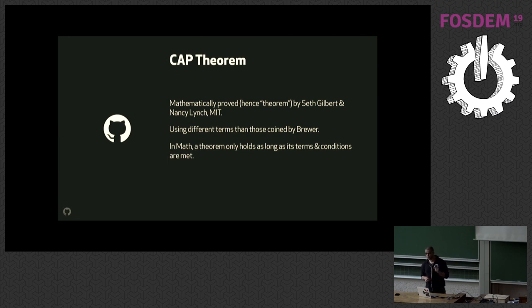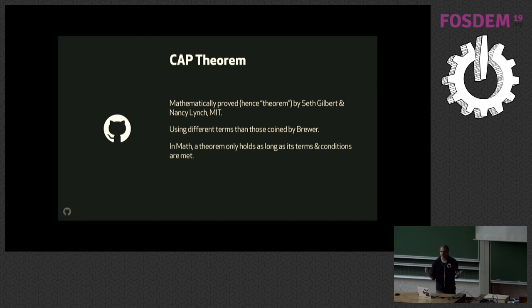Their paper was called after the CAP conjecture by Eric Brewer. The name Eric Brewer appears on the title. But misunderstood by many, they did not prove Brewer's conjecture. They proved a different conjecture. You see, they changed the terms, and they made a mathematical proof.